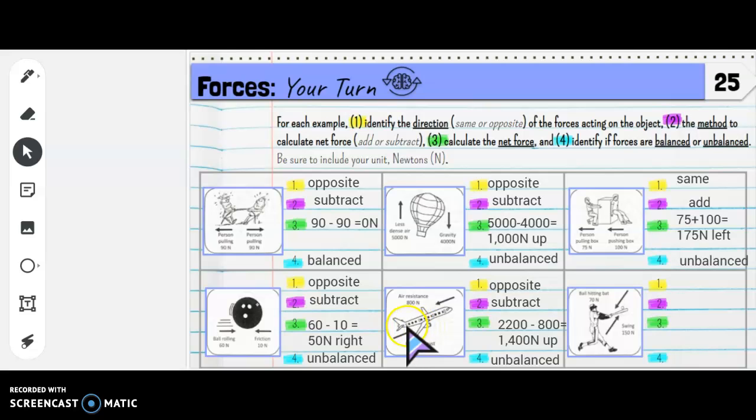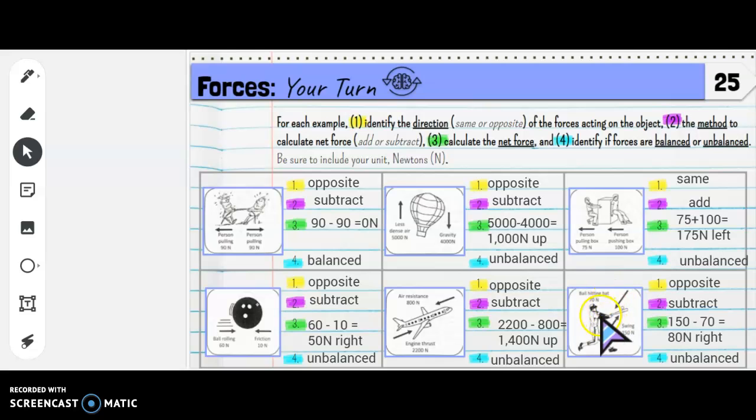In the next example with the airplane, air resistance is pushing down with the force of 800, and the engine is moving the plane up with the force of 2200 newtons. So they are going in opposite directions, which is why you needed to subtract. So 2200 minus 800 gives you 1400 newtons up. And again, since it is not 0, the forces are unbalanced.